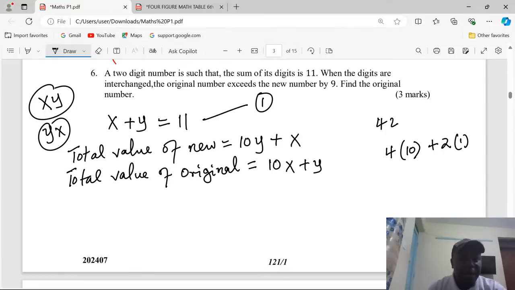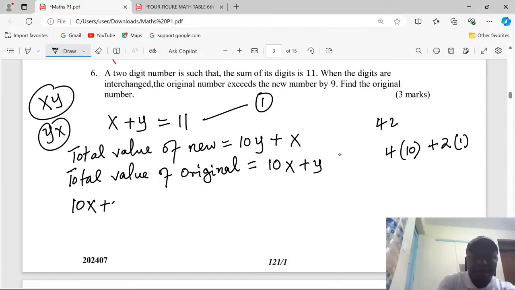So the total value of the new number after you reverse to yx is 10y plus x. The original number was 10x plus y. The examiner is telling us the original number exceeds the new. So the original number, 10x plus y, exceeds the new number by 9.